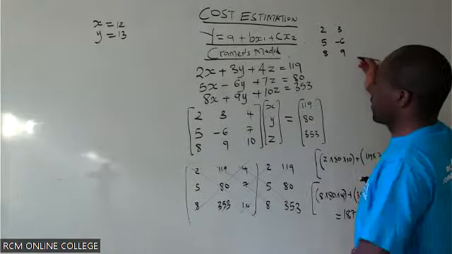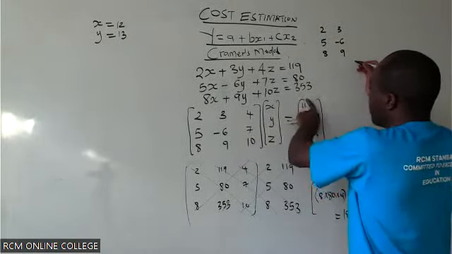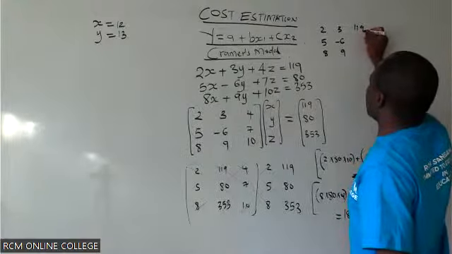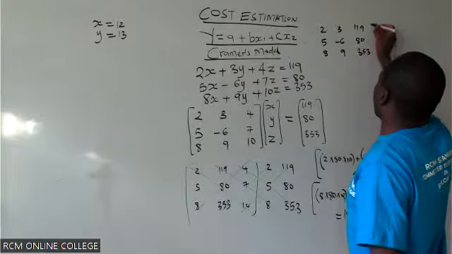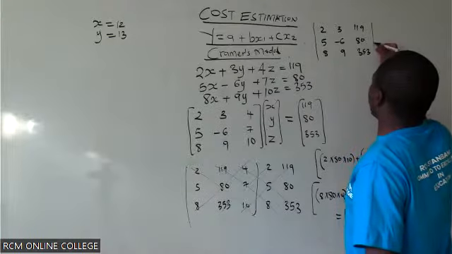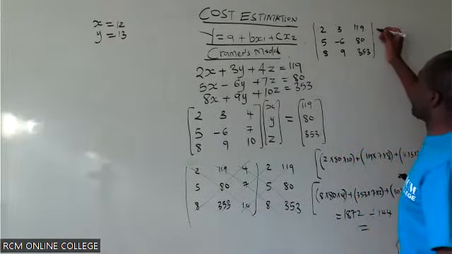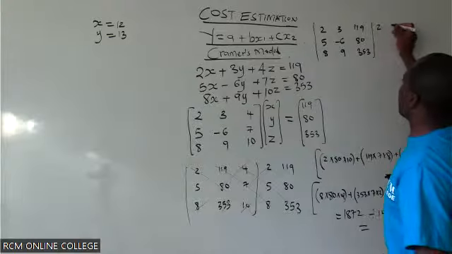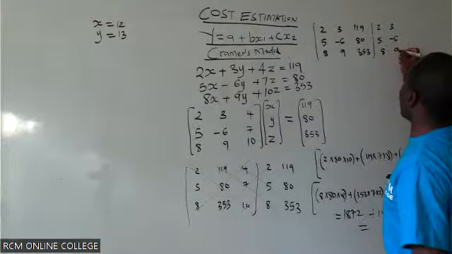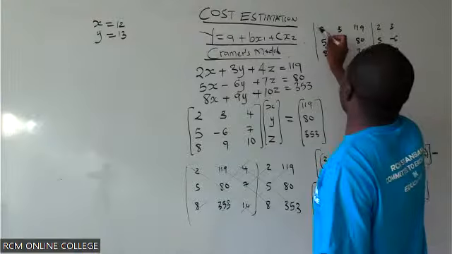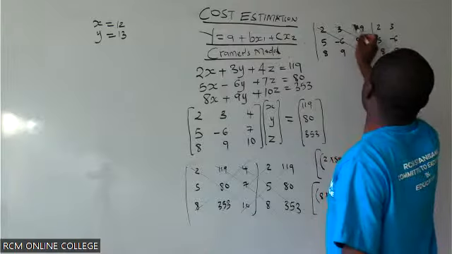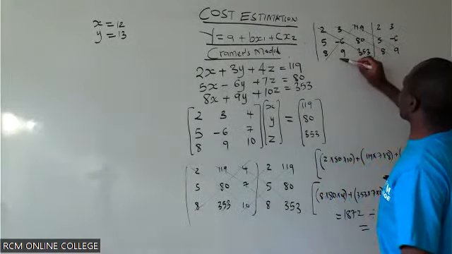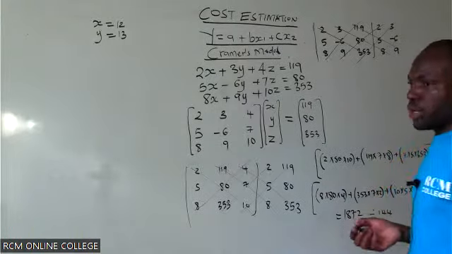Now, we are supposed to replace the third one, and the third one is this, which we are replacing with 119, 80, 353. I believe this one here is the simplest method of calculating this. Then I extract the first two, which is 2, 3, 5, -6, 8, 9. Then I now take them in 3. That is it. Then the last one. That is what we have.